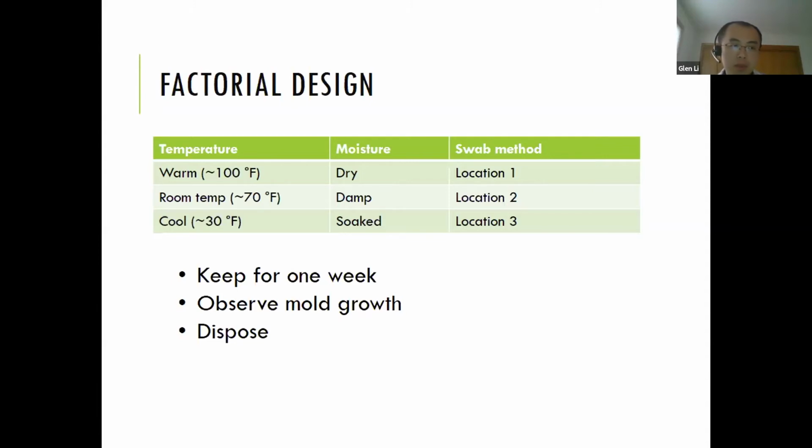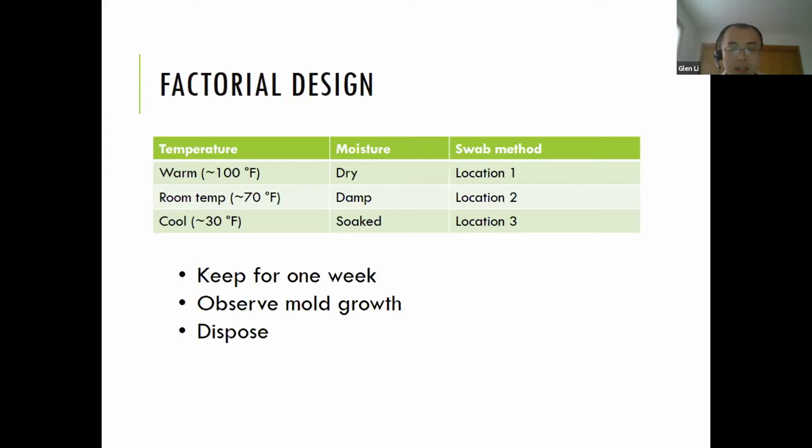And for a soak sample, you just soak that slice of bread in a container that has water in it, and make sure that it's submerged. Wait for a couple of seconds and then take it out. That's pretty straightforward. Temperature-wise, warm room temperature and cool. So these are just really rough estimates of levels they can go with.